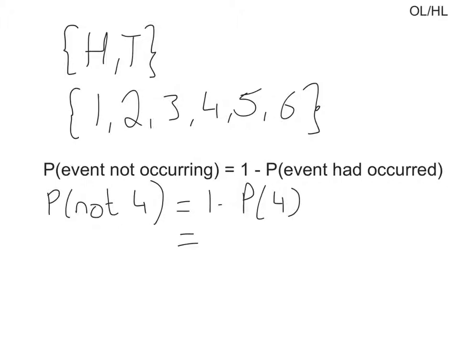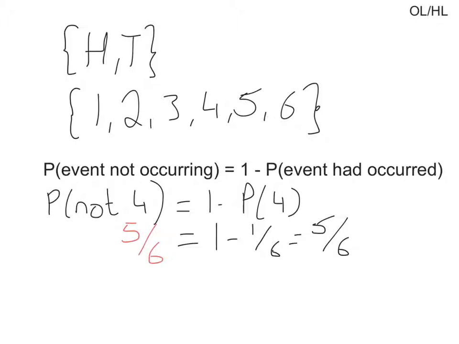So we already know that rolling a 4 is a 6th, so 1 minus a 6th will give us 5/6. Using our probability rule, the probability of not rolling a 4 is equal to 5/6.